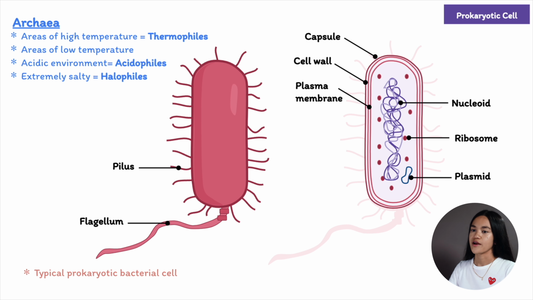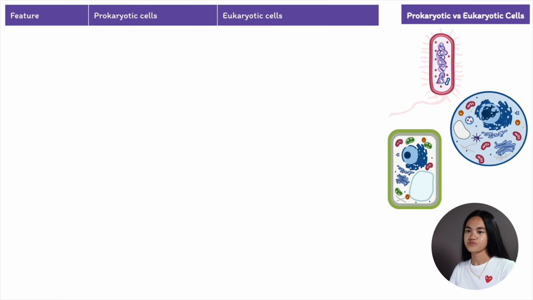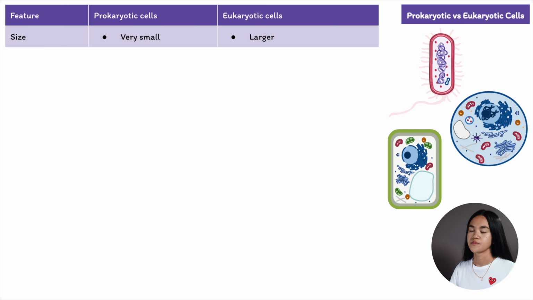So those are prokaryotic cells, and based on what we've just covered, there are several differences between prokaryotic and eukaryotic cells. So let's go through it, and then we'll move on to eukaryotic cell organelles. Starting with the size of the cells, prokaryotic cells are small, bacteria are microscopic, whereas eukaryotic cells are much larger.